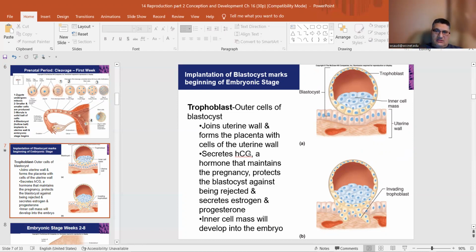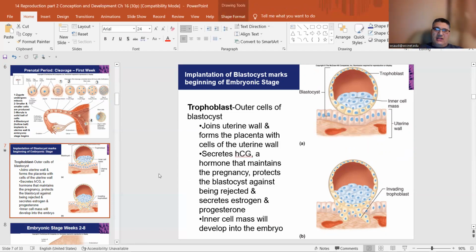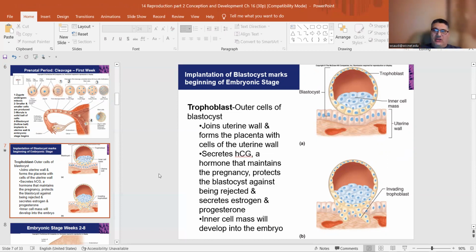Basically, you're talking about this HCG. This is a hormone that's only formed if this trophoblast, which is the external part of the blastocyst, invades into it and starts to make the placenta. So if that's the case, what do you think? Like I'm saying blastocyst, which was morula, which was zygote.